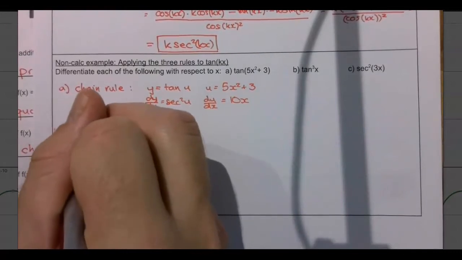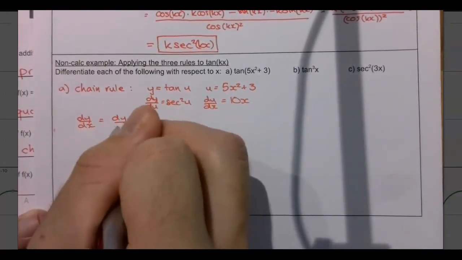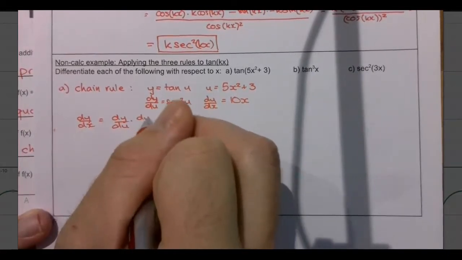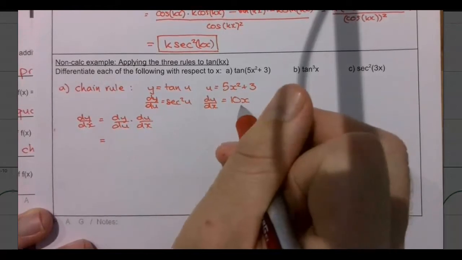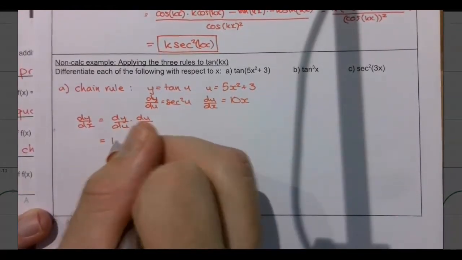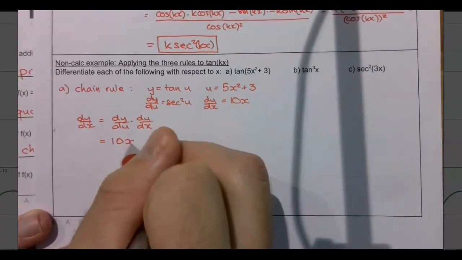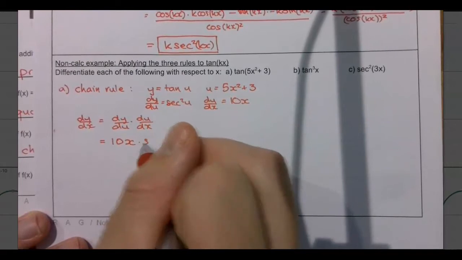So the chain rule states that dy by dx is dy by du times by du by dx, which means I just have to multiply these. Before I do that, I'm going to think about which one goes first. I'm going to put the 10x out front, and then sec squared of u.